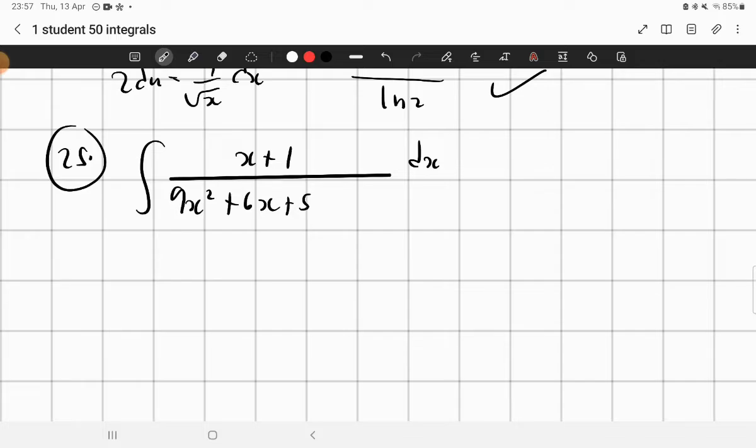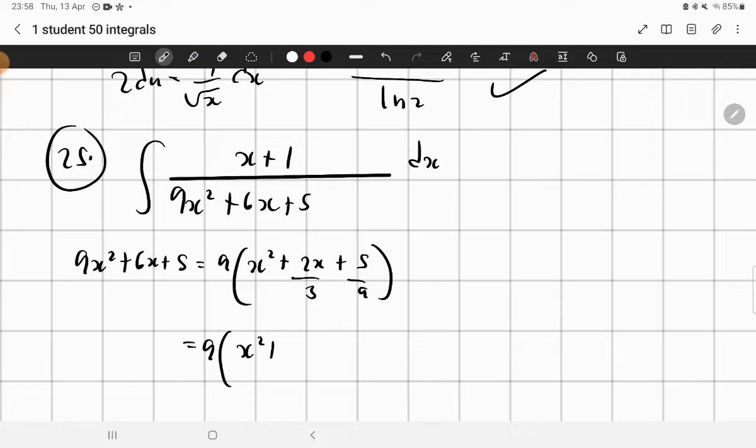Right, so okay. My first approach was I want to use completing the square. So 9x squared plus 6x plus 5 is equal to, let me factor 9 out. So 9 times x squared plus 2x over 3, plus 5 over 9.